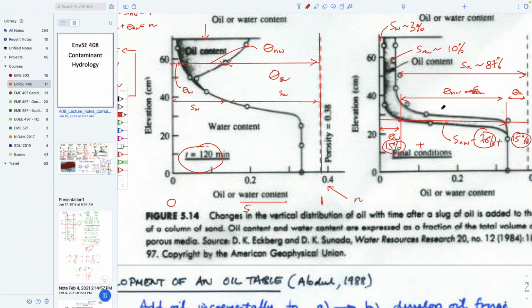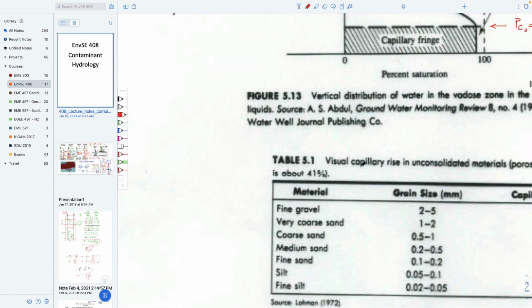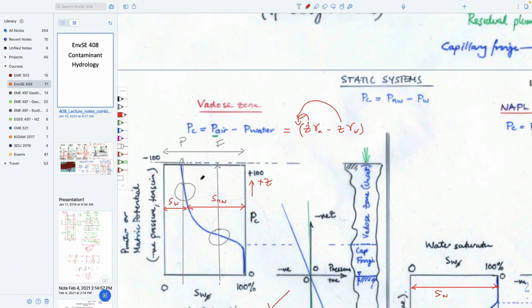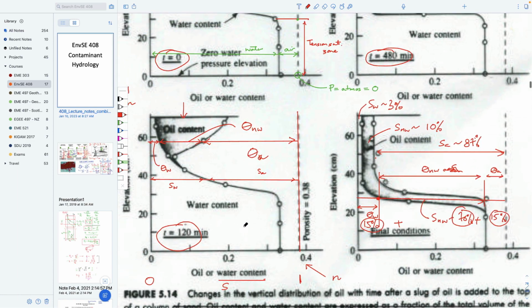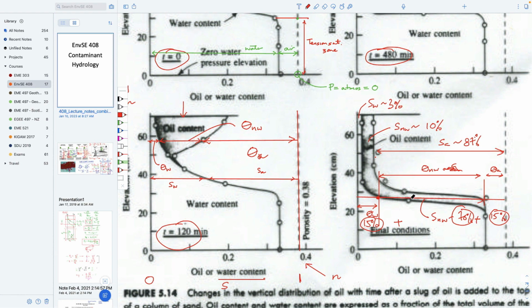And so just from looking at this interpretation of our capillary pressure versus saturation curve, which is saturation versus pressure, this is saturation versus elevation, but they connect to each other through what we talked about on this diagram here. Then we can say something about what they look like in situ. So it explains exactly what our puddles of these things are.